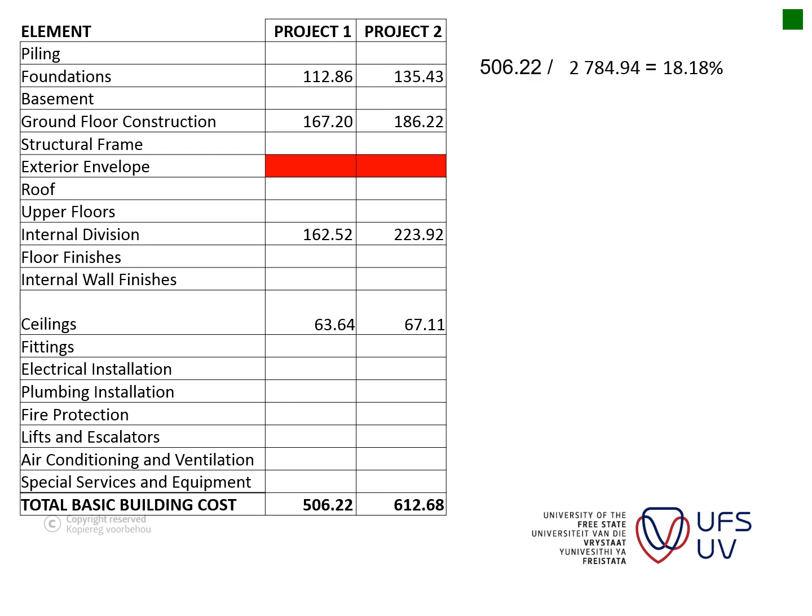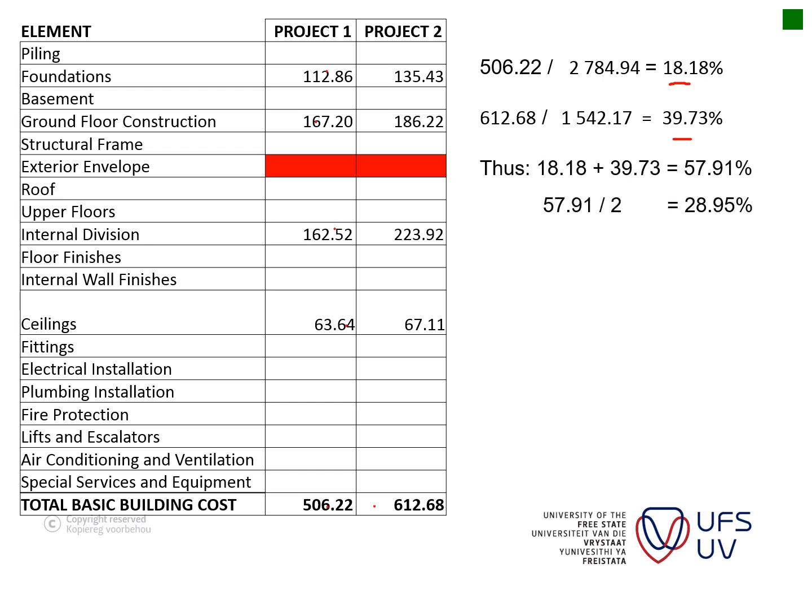So you take your items that you have calculated from the previous slide, and you add them together, and you calculate what the percentage is for each one. You do the same for your project 2, and you can see that it only contributed 39%, the first one only 18%, and thus you can see the median is basically 29% that was contributed for only those items that you calculated.